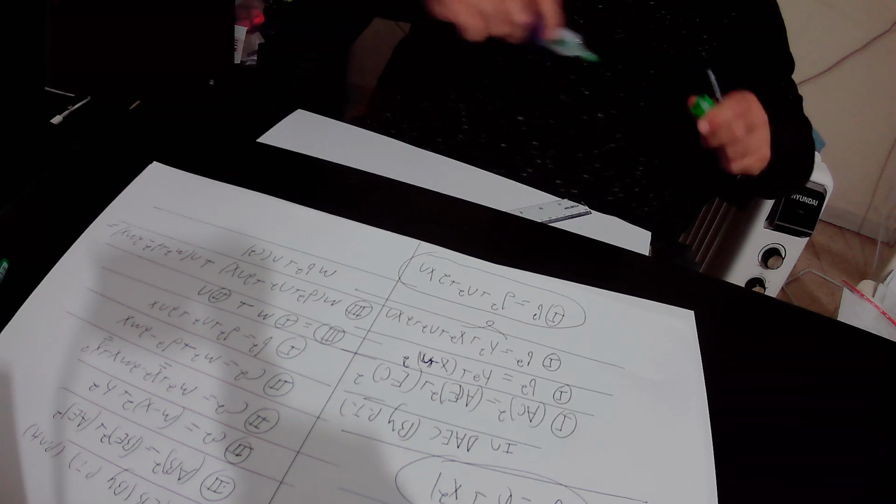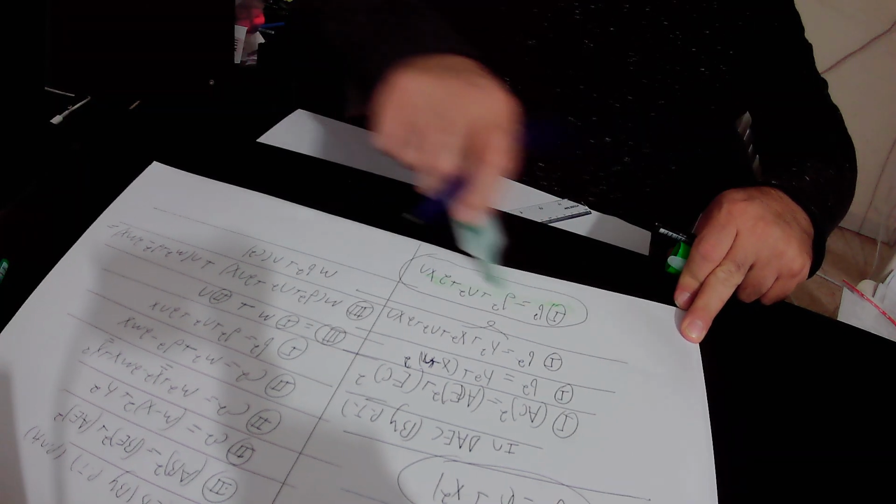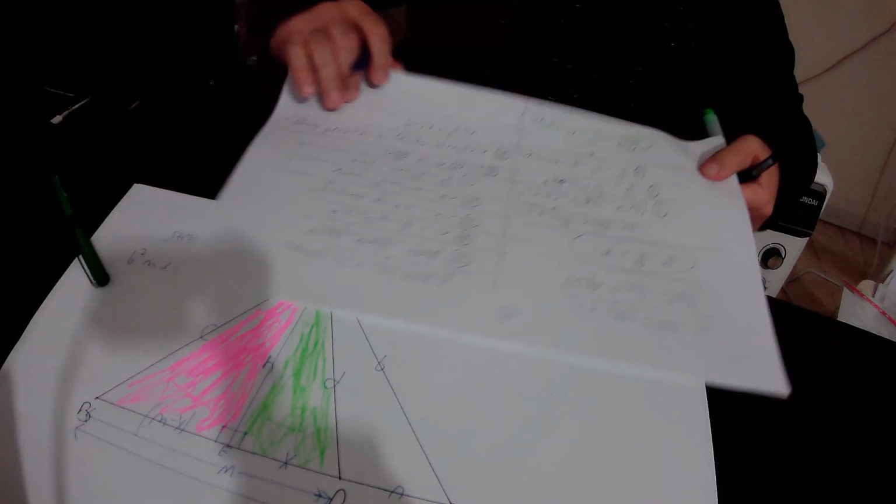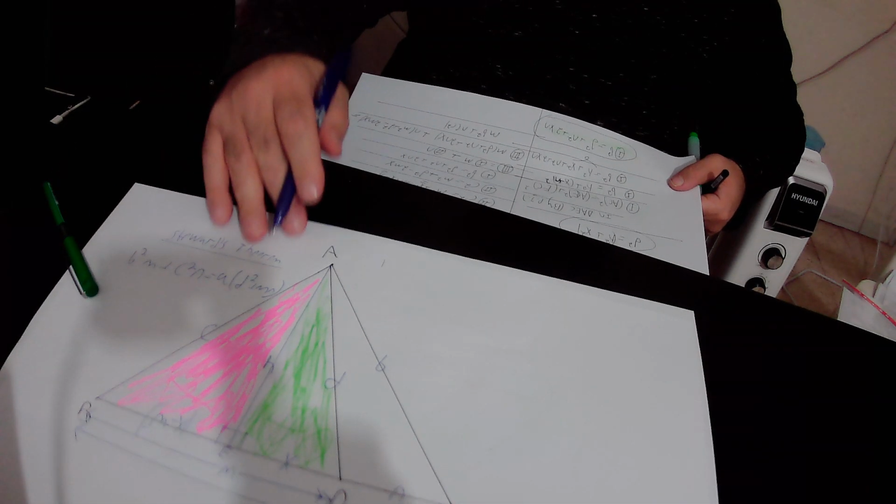Okay, and then we implemented the Pythagoras theorem in the pink triangle, triangle ABE.